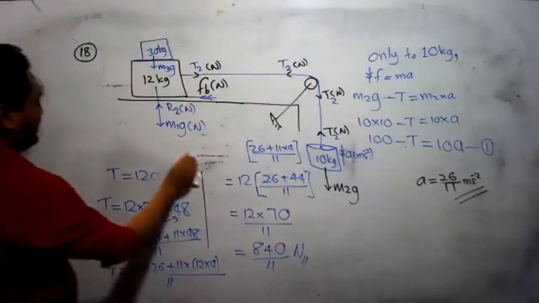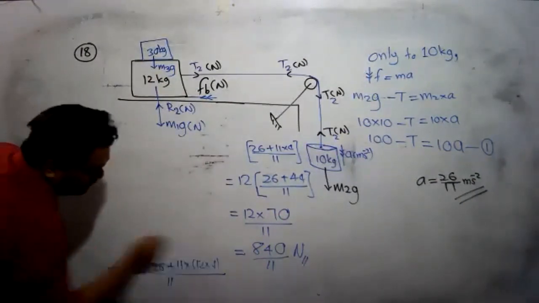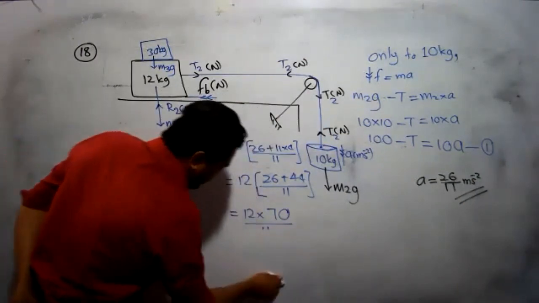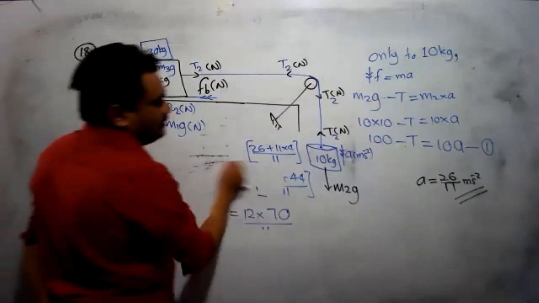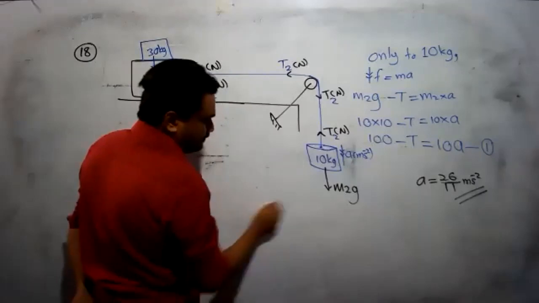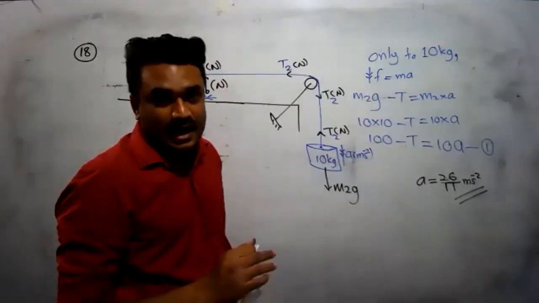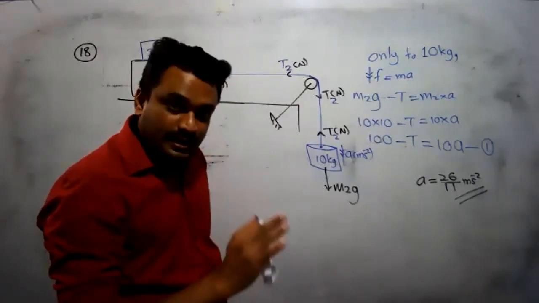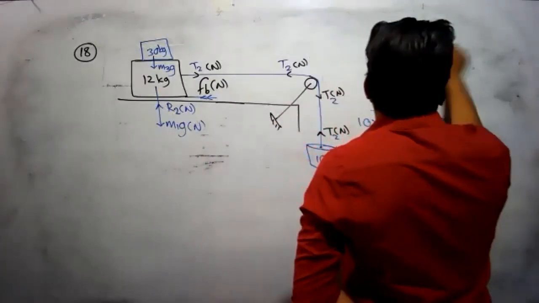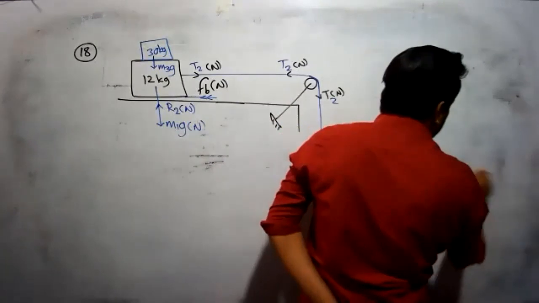So please write. The 12 kg object and the 30 kg object are not moving vertically upward and they are not moving vertically downward.